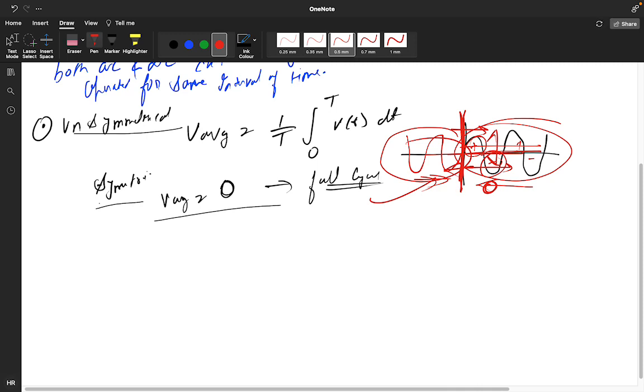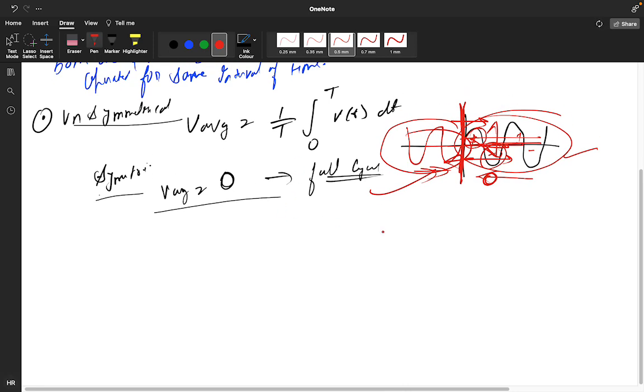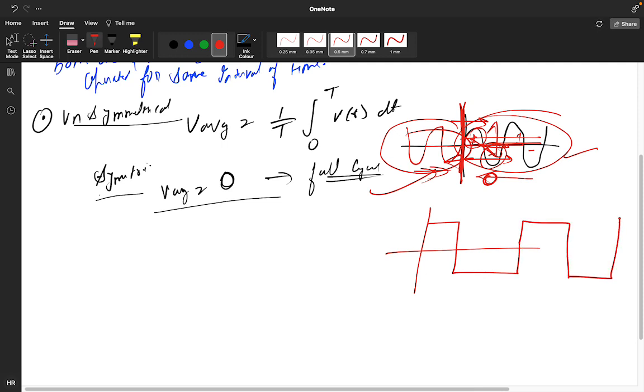Here also the positive part is mirrored by the negative part, so the average value will be 0 here. If you have a waveform like this, positive, negative, positive, negative, it will give an overall result of 0.